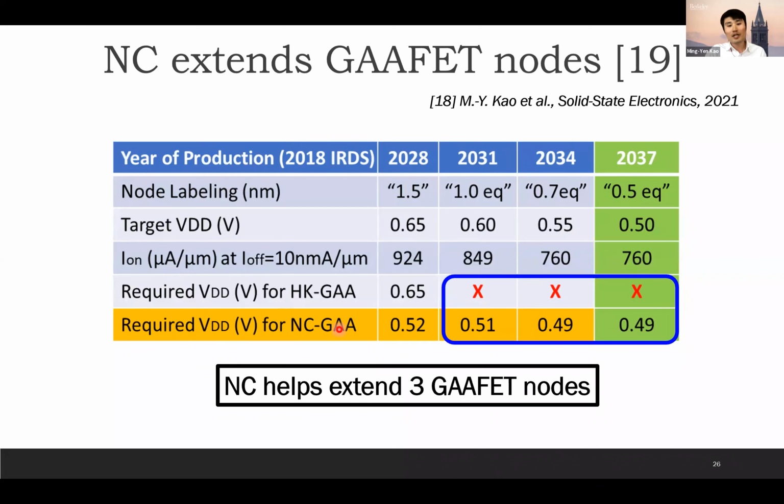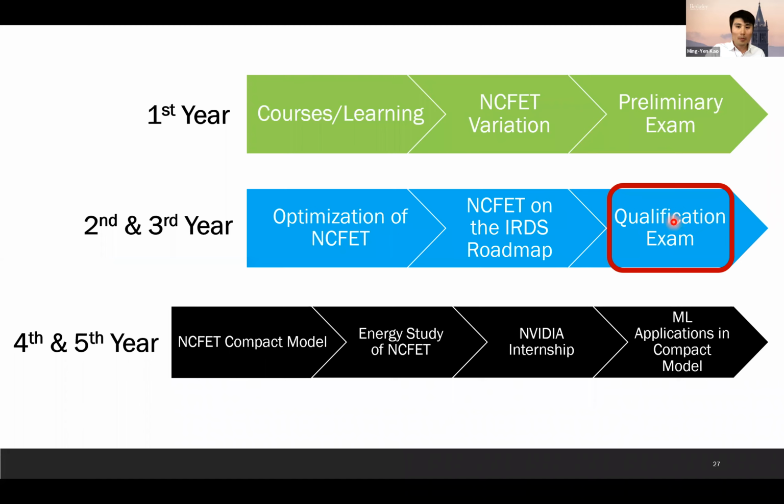With the help of NC, we can achieve all of them. But for the baseline device, we are stuck at this calibrated 1.5 nanometer node. So NC can help extend 3 more GAA FET nodes according to the IRDS spec. That's 9 years of extension of this scaling.